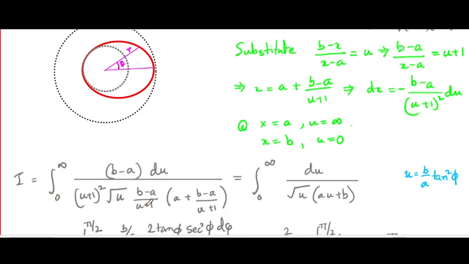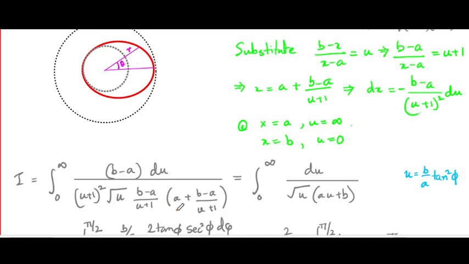Then you have square root of b minus x by x minus a, that's just square root of u. And then square root of x minus a whole square, or just x minus a, which is nothing but b minus a by u plus 1, as you can see.